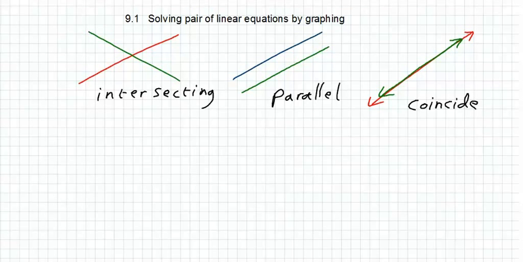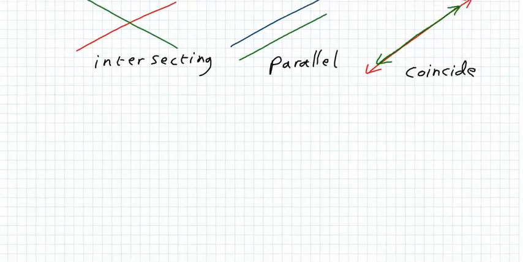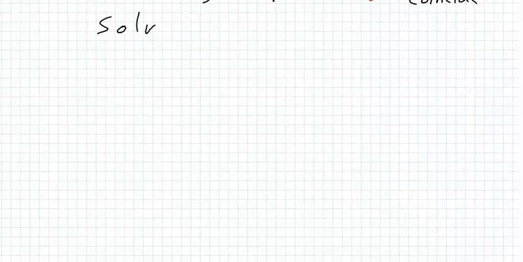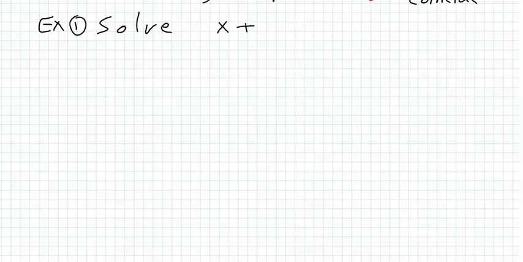If we gave you two linear equations and we asked you to solve these two linear equations, for example, x plus 3y equal to 6 and x minus y equals 2, solving here means go and find the point of intersection for these two lines.